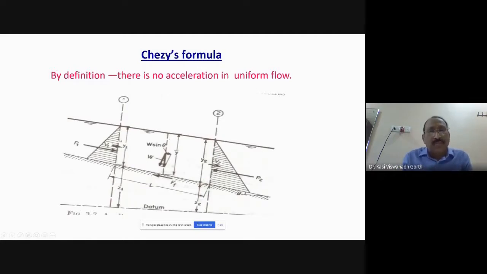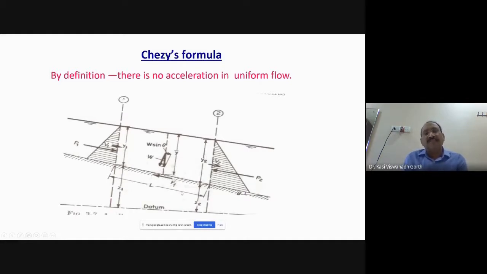You may notice here that there will be a hydrostatic pressure force which may be acting at section 1 along the flow direction, P1. Similarly, there may be a hydrostatic pressure force which may be acting in the opposite direction, having a value of P2. Apart from that, since the flow is taking place along the length of the channel, there will be resistance to the motion.